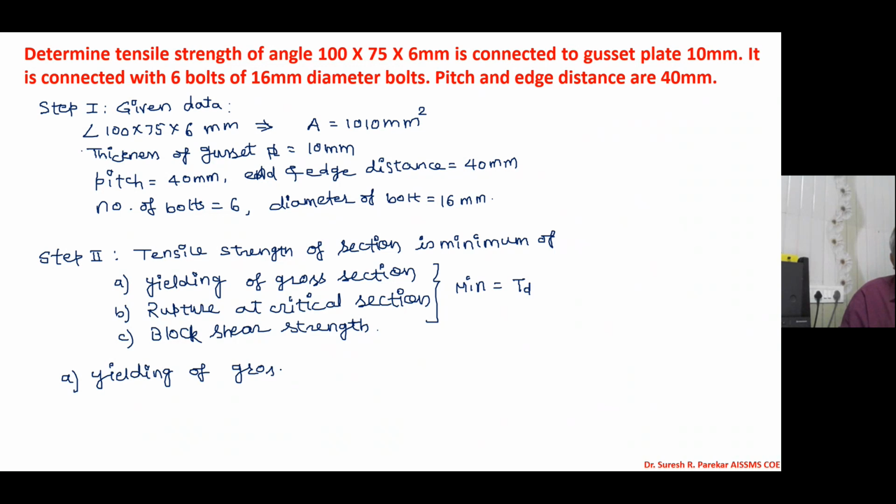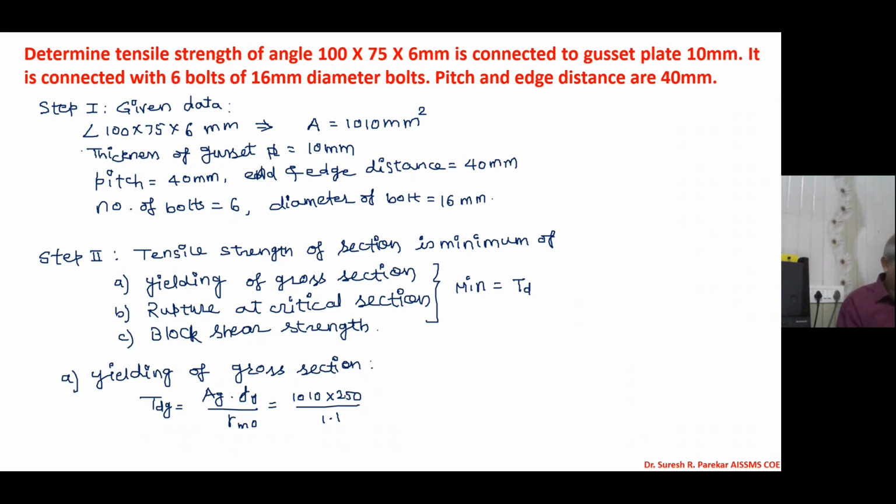Yielding of cross section. Now we have the formula Tdg is equal to Ag into Fy upon gamma m0. Now we will substitute the value of Ag: 1010 into 250 divided by 1.1.